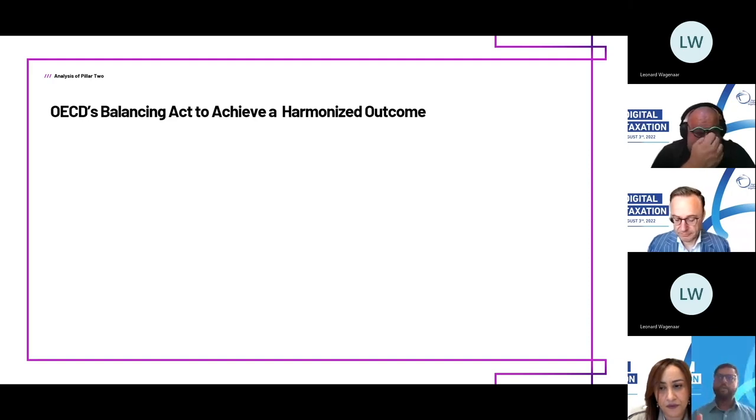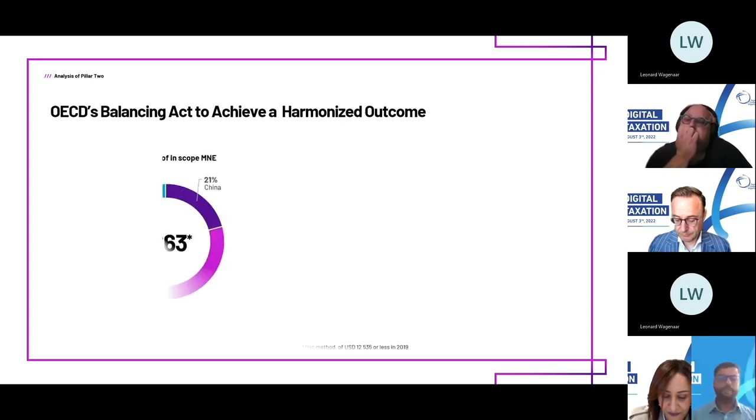When you look at this rule, particularly the income inclusion rule under the GloBE rule, it is designed to benefit the jurisdiction where the ultimate parent entity of the multinational group is located. And most of the large multinationals which cross the 750 million threshold have the parent entity in developed economies. Let me substantiate this point with some data.